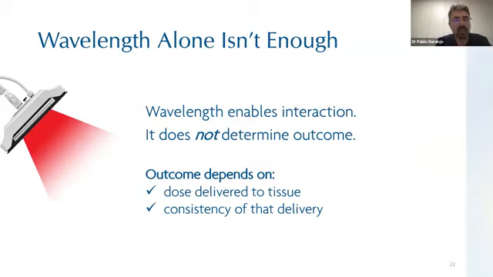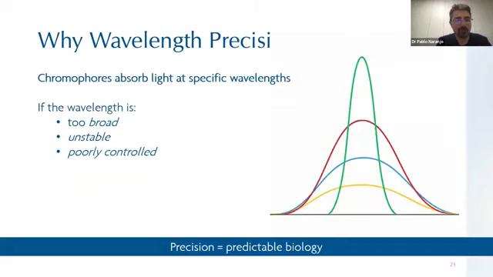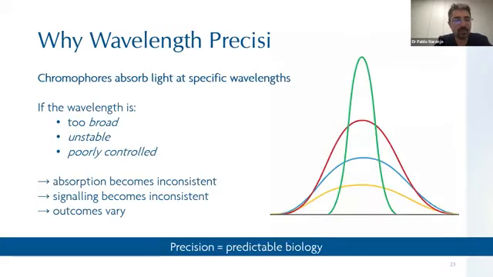Wavelength enables the interaction. It does not determine the outcome. The outcome depends on 2 things: the dose of delivery in the tissue and the consistency of this delivery. That means if we overdose, we are going to have less results than if we put the proper dose. This graphic is interesting. When we talk about putting the precise amount of energy to achieve the precise result with the precise wavelength, this is extremely important.